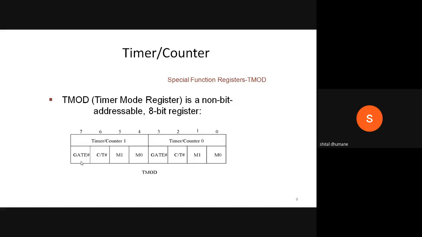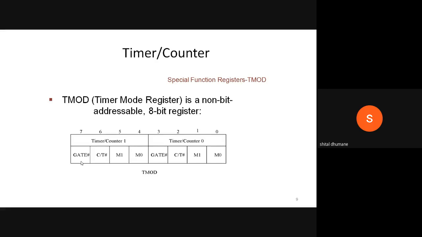Now, starting and stopping of your timer can be controlled with the help of software by using one bit in your TCON register, that is the TR bit, timer start. That bit is TR0 and TR1, we will go through that afterwards. Whenever you set that bit, your timer will start.